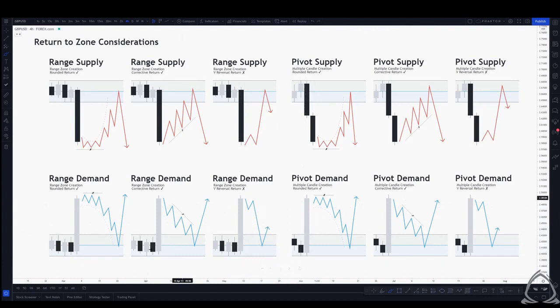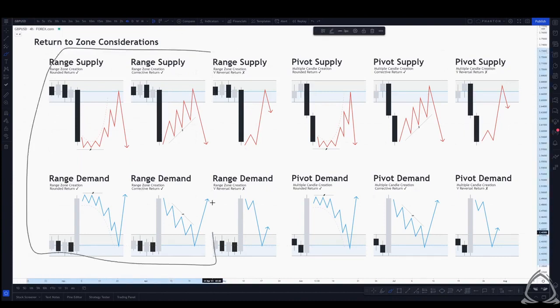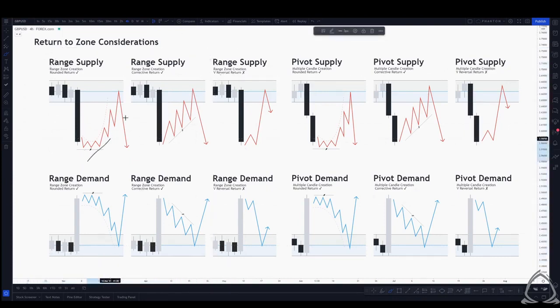It's not to say that the V returns don't work, but statistically comparing them against these two, these are much higher probability because it's building liquidity or reason for price to continue, whereas this shows a change in order flow from supply to potentially demand. Because as you can see, just looking at these conceptually, you get this slow creeping move back in, slow creeping move back in.